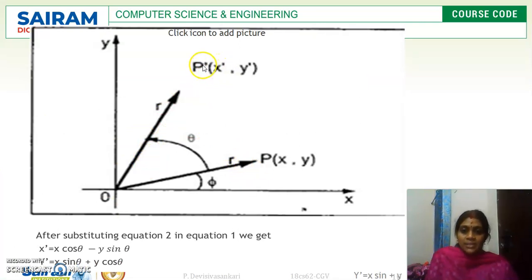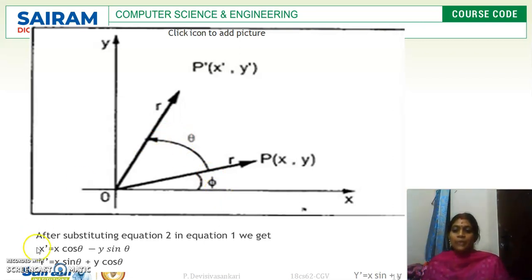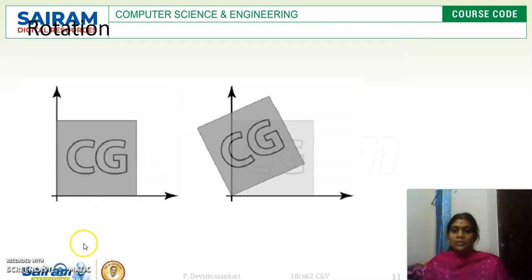So P dash is nothing but it consists of the theta value along with the pi value, right? That's why we are adding r cos (pi plus theta), which is equivalent to x cos theta, right? So this is called as rotation. So here the rotation happened in the counterclockwise direction, right? So here the angle is somewhat some 30 or 40 degree. So we are just rotating, right?